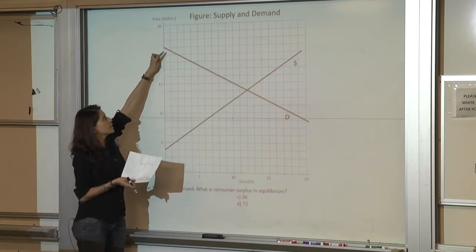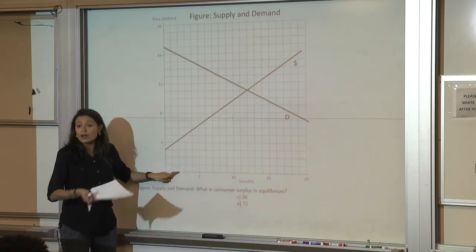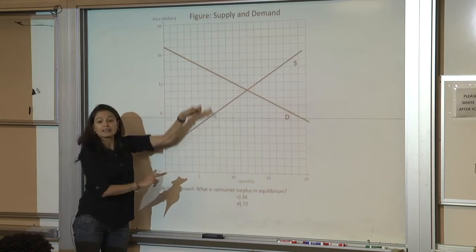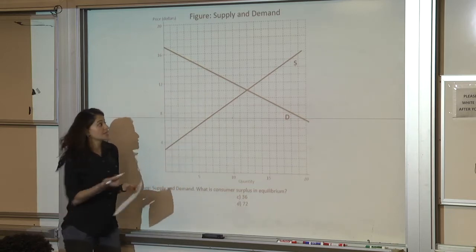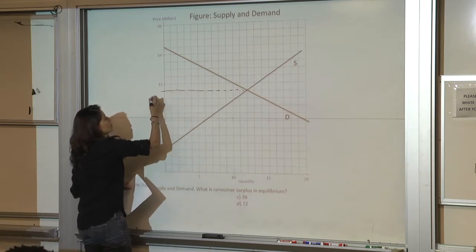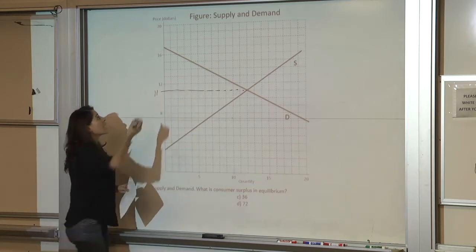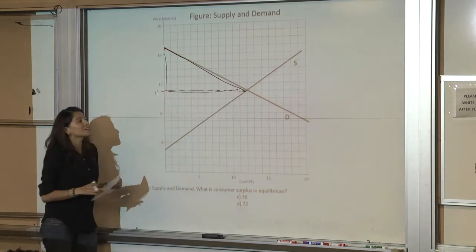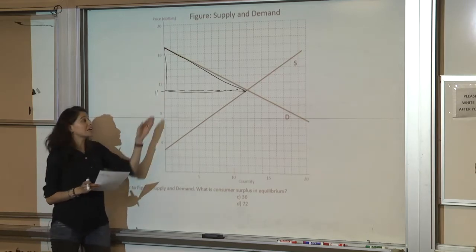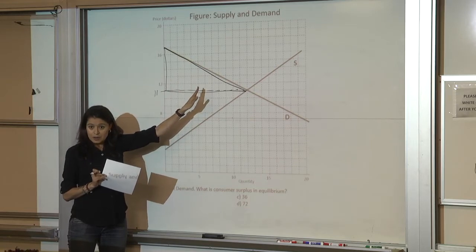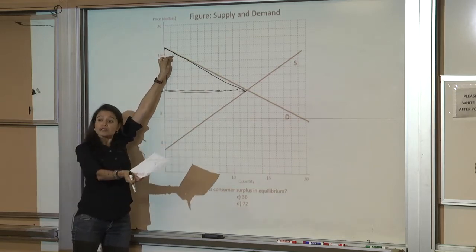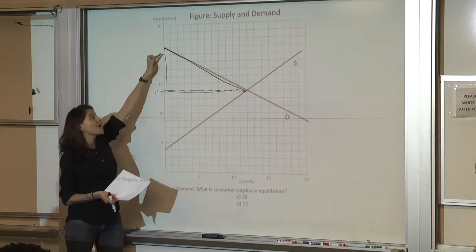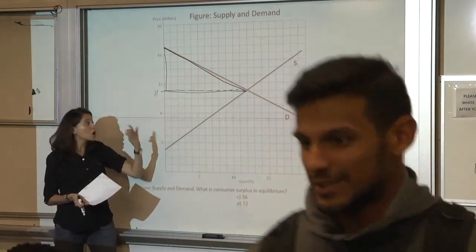What does this mean? That for these quantities, the willingness to pay of the consumer side is this price. For these quantities, the willingness to pay is this price, etc., okay? So the consumer surplus is, I find my equilibrium price, which in this case is 11, okay? And this whole triangle here is giving me the consumer surplus. It is giving me the difference at each quantity between the willingness to pay on the consumer side and the actual equilibrium price. Is that clear? So you just have to find the area of this triangle.